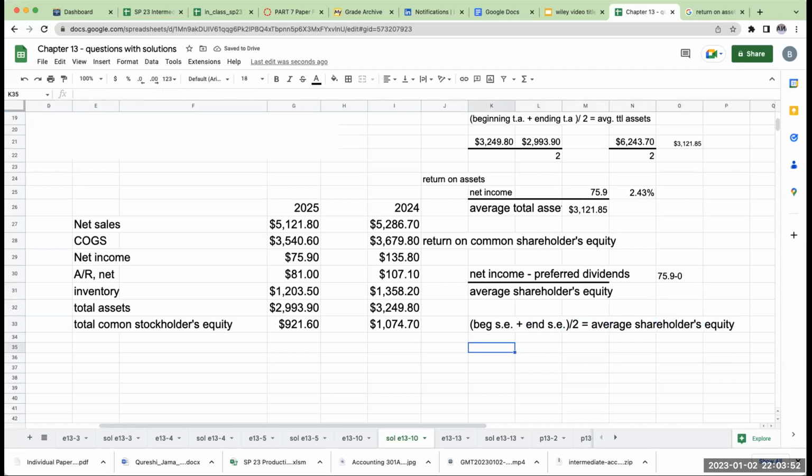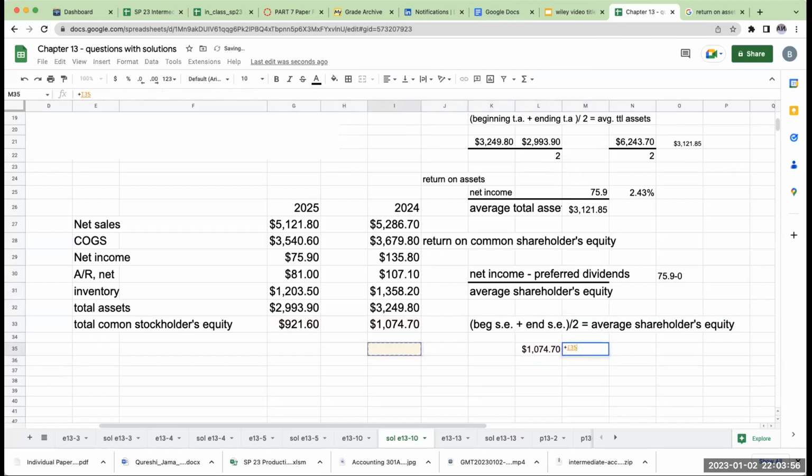So this is going to be beginning plus my ending divided by 2, or this will be right over here, 998.15. So this will be that value right there.